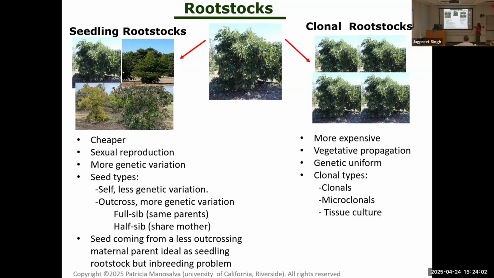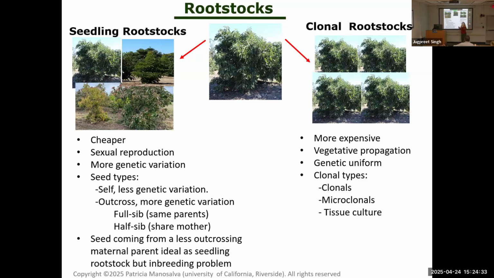In the case of the clonal types, that depends on the technique to do the clonal trees. You can have clonals with the Frolich method that I'm going to work out later, microclonals and tissue culture. In the case of tissue culture, you also can have somatic variation, but it's less. And it depends, I guess, on the variety, but nobody knows because it's very hard to tissue culture avocado.